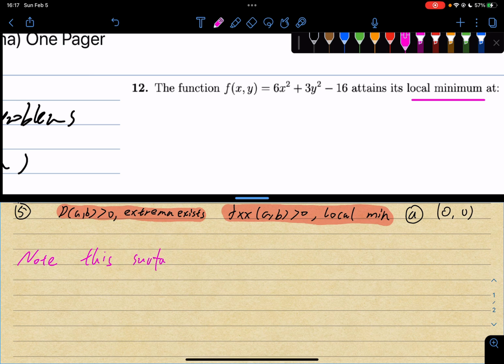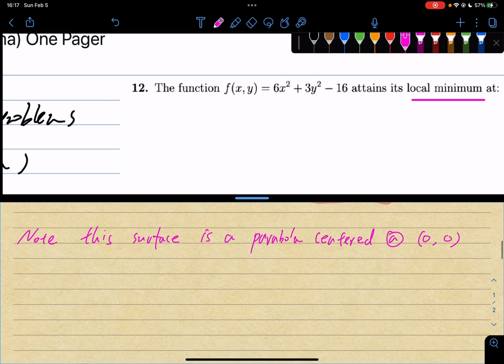The surface is a parabola centered at (0, 0).